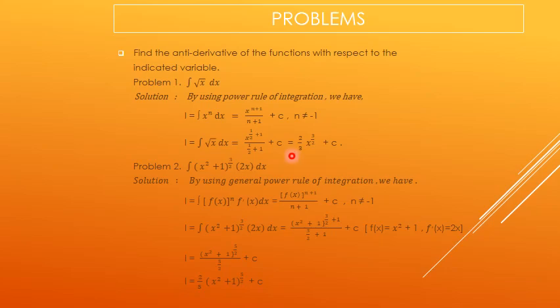By more simplification we get, this again shows the compound fraction, so 5 upon 2 will be 2 upon 5 and multiplied with x square plus 1, 5 upon 2 plus c. This is the required answer, or this is the required condition for the given integral problem.